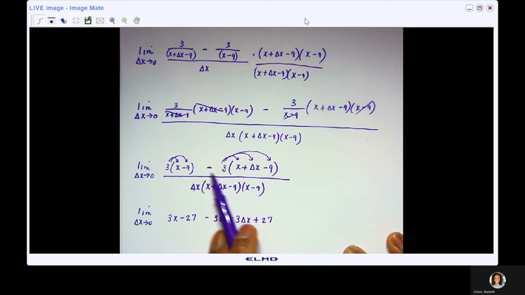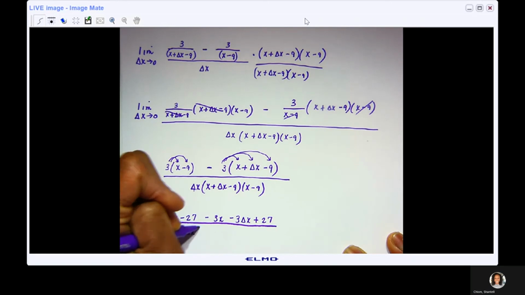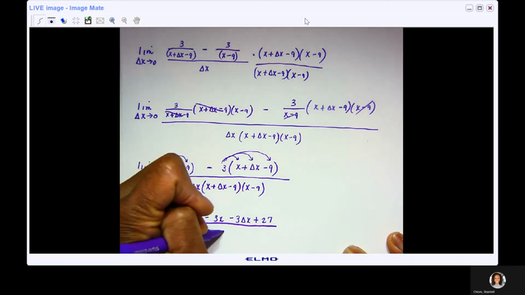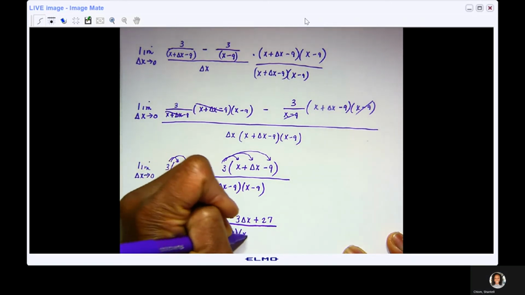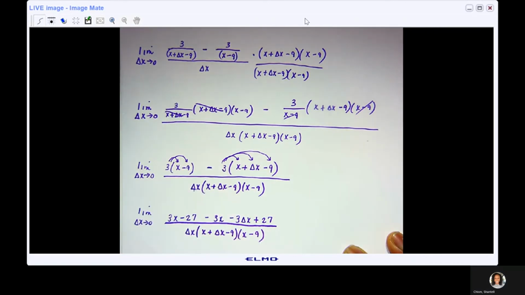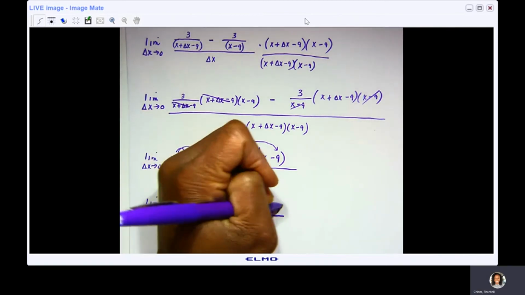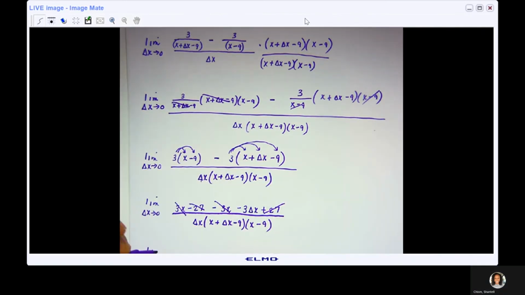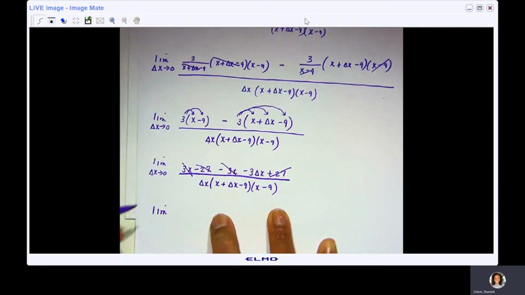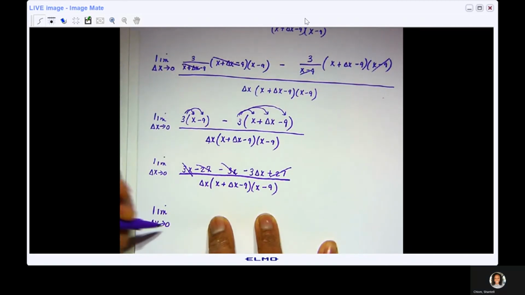So that's negative. And I still have, okay, this is cancel. Minus 3. Minus 27 plus 27. Right now, that's the limit.